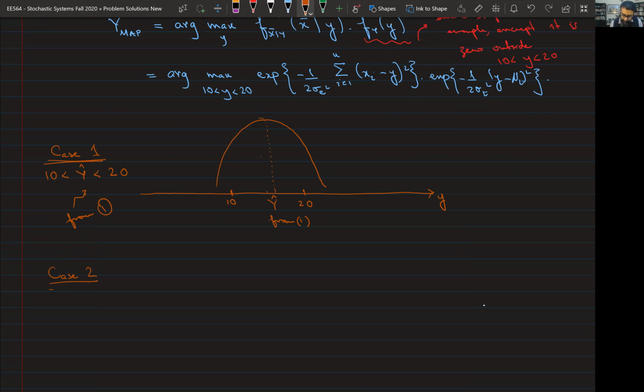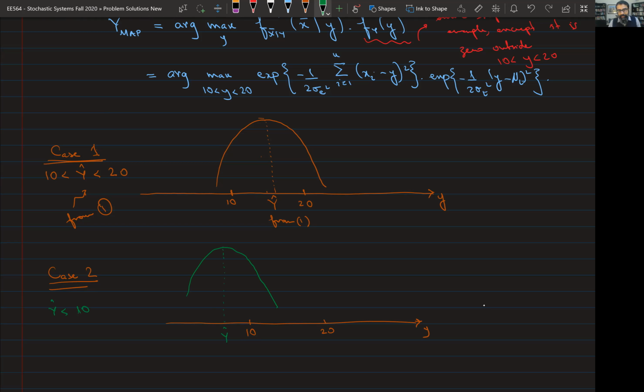For case 2, I could have the following scenario where this is 10 and this is once again 20 on the number line, where this is y. If I were drawing the objective function, let me use a different color here, it could look like this. So this is y hat, and y hat in this case is less than 10.